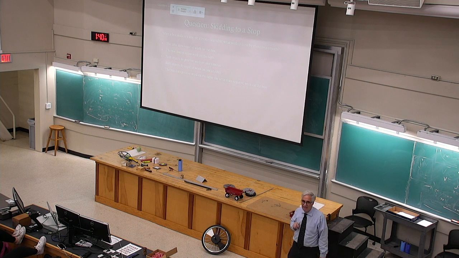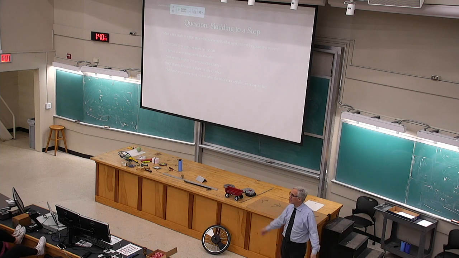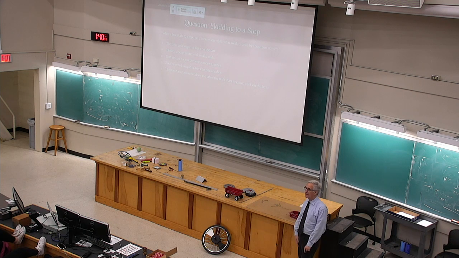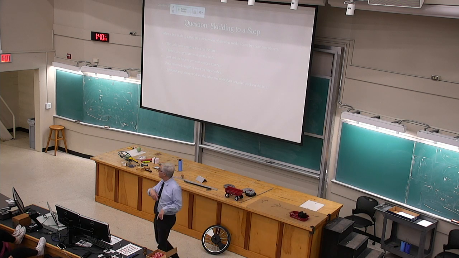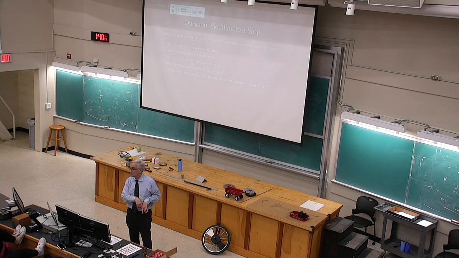So the table did negative work on the box, sucked the energy out of the box. And you could see that because the box came to a stop. It lost its kinetic energy. It started with kinetic energy that I gave it by doing work on it, and then the kinetic energy vanished. Are you okay with that observation, that A was the correct answer?